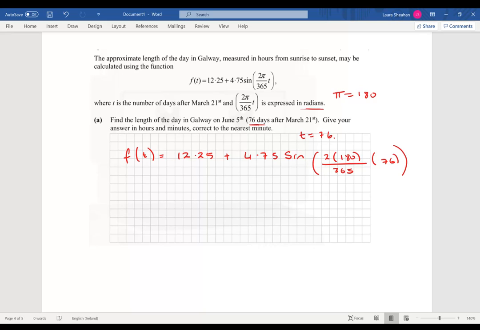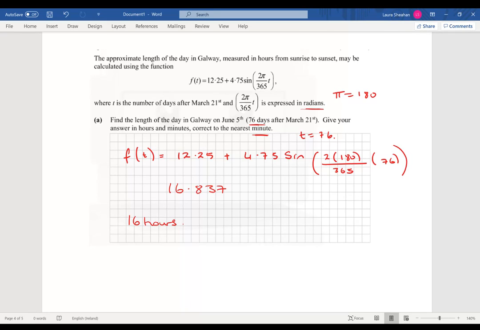And that's literally a job for the calculator. 4.75 sine, 2 times 180 over 365 times 76, and you will get, to the nearest minute, 16.837 and so on. So that's going to be 16 hours.